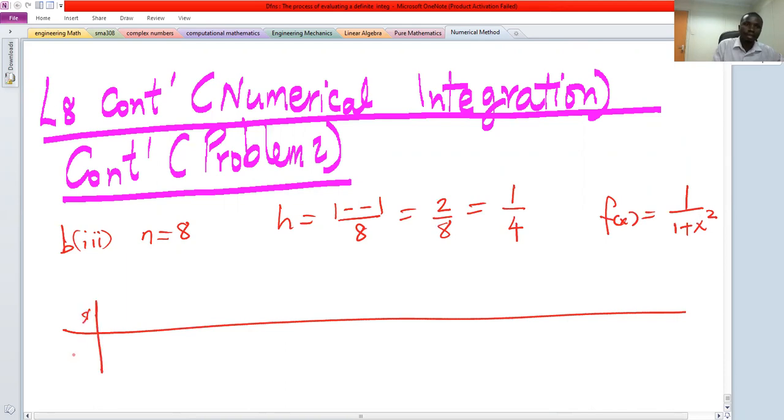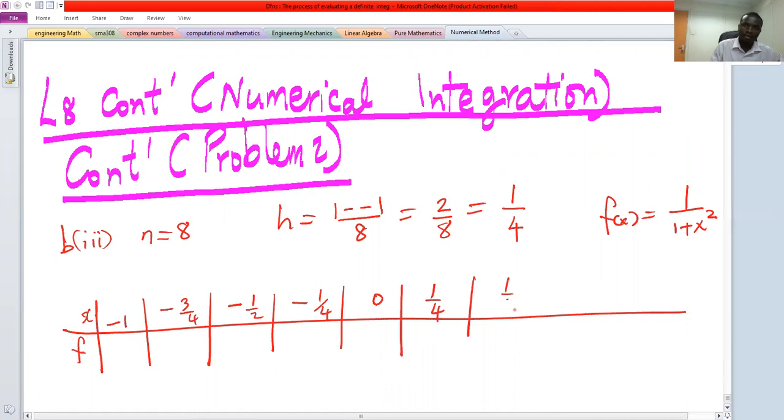So x, and then f. Starting at minus 1, when you add 1 over 4, you get minus 3 over 4. Add 1 over 4, you get minus a half. Add, you get minus a quarter. Add, you get 0. Next, 1 over 4, next, a half, next, 3 over 4, and next, 1.